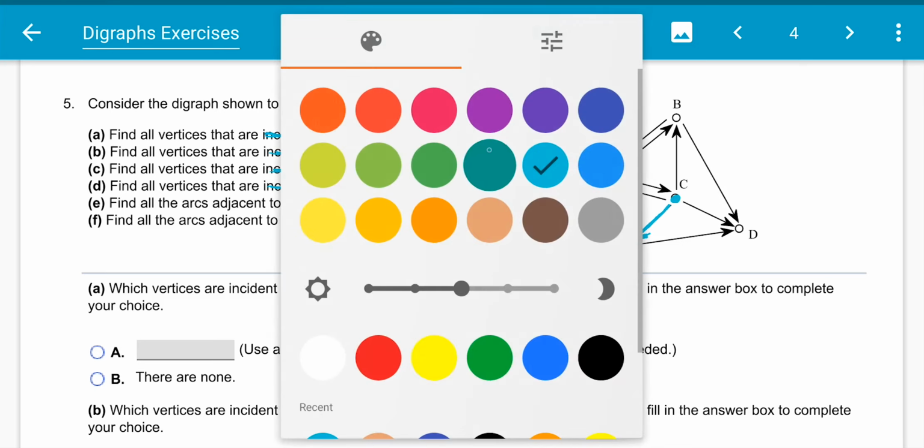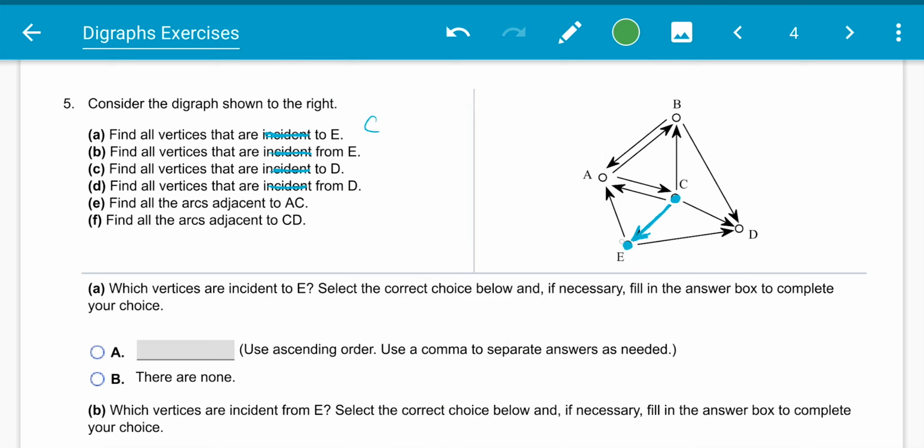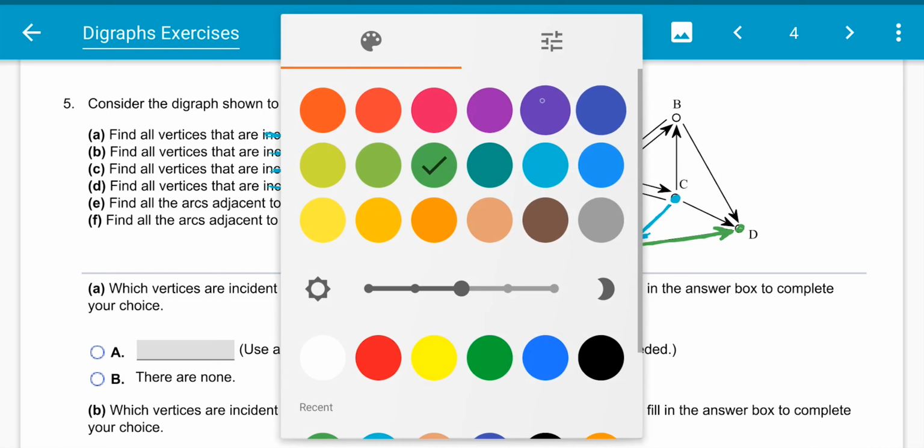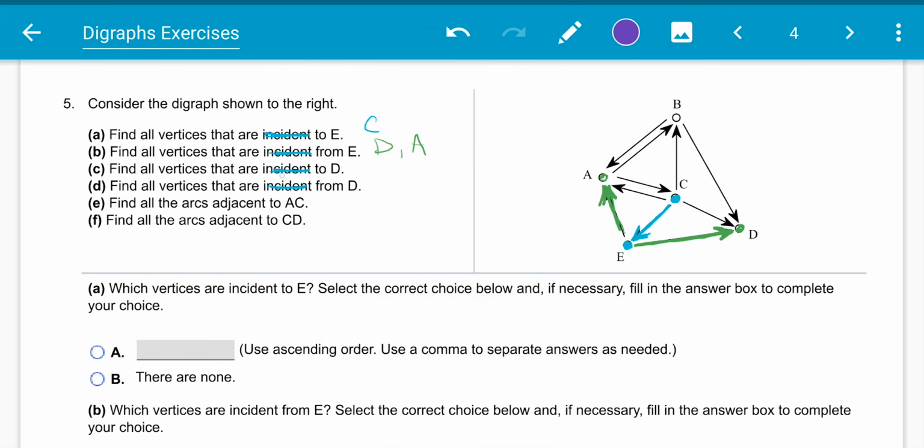So now we're going to look at incident from E. So we're going to go from E to somewhere else. From E, we can go to D, and from E, we can go to A. So we have D and A, or A and D, whichever you want to write it. All right. Now we're going to look at incident to D. If we're sitting right here at D, how many ways can we get to D?